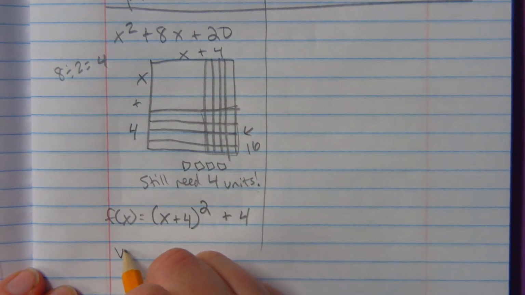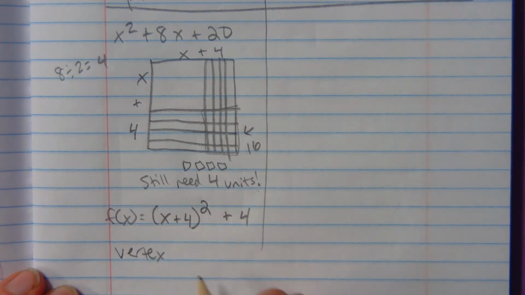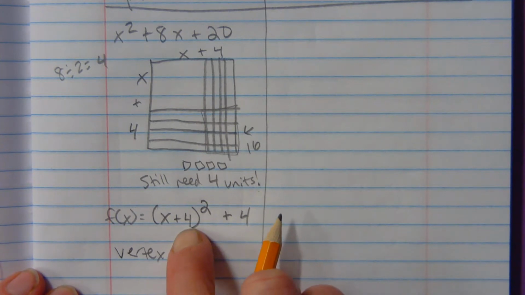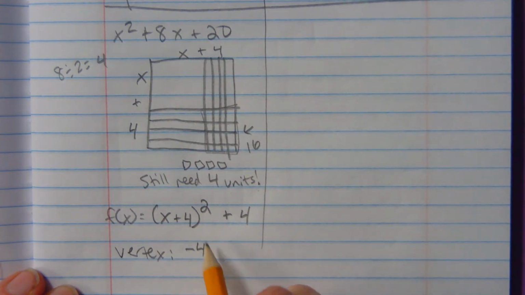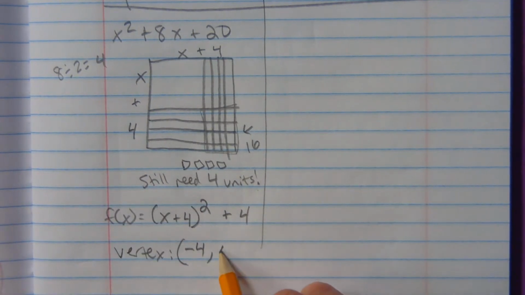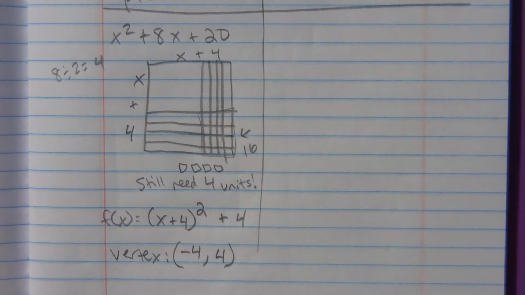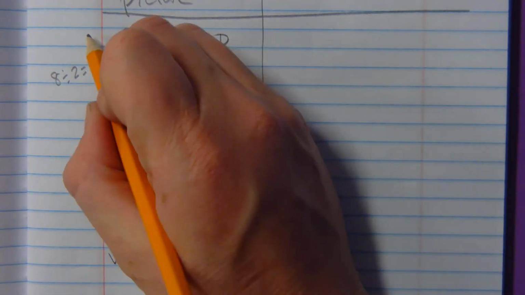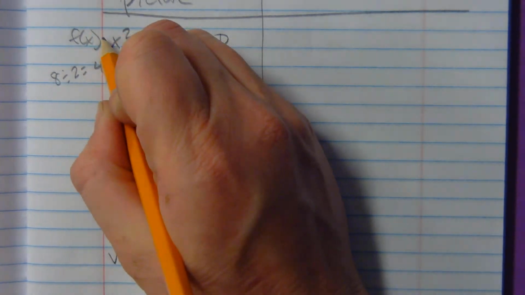From there, my vertex is, what makes this become 0 is a -4, and then if that becomes 0, my y value gives me positive 4. So that's my vertex.